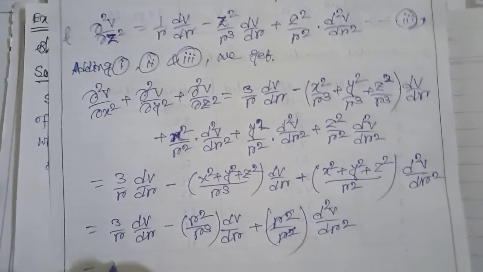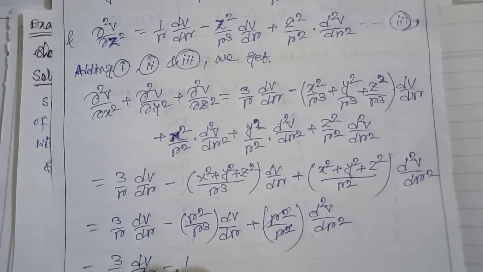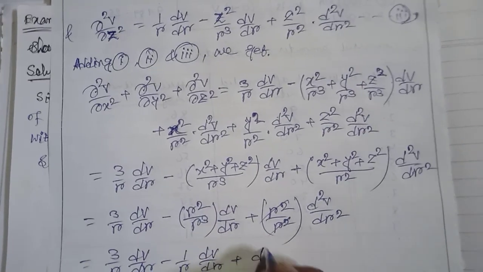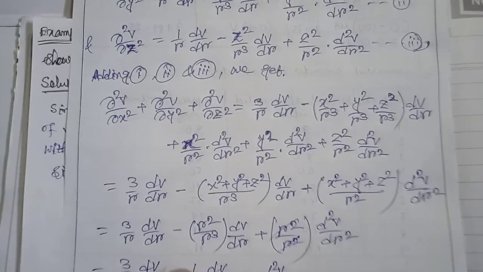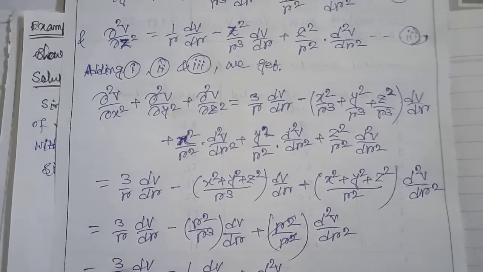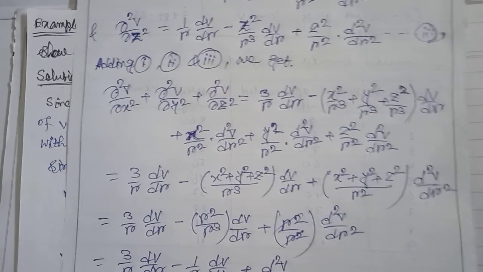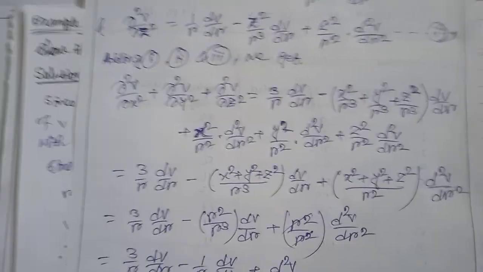So this is equal to 3 by r dV/dr minus 1 by r dV/dr plus d²V/dr², and 3 minus 1 equals 2 by r dV/dr plus d²V/dr².